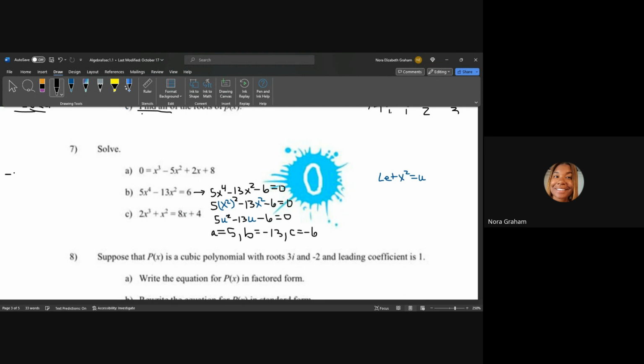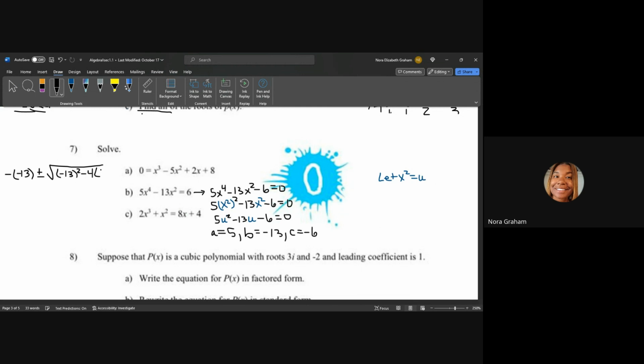I have negative negative 13, and then plus or minus the square root of negative 13 squared minus 4AC.